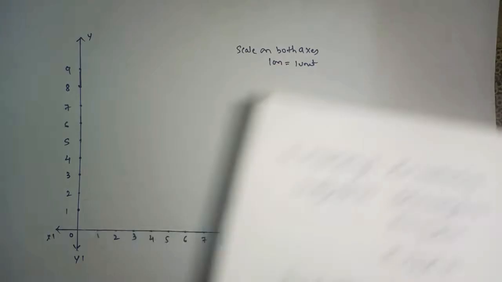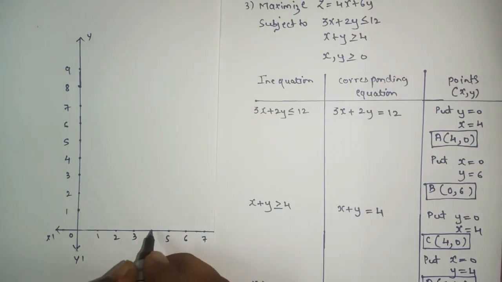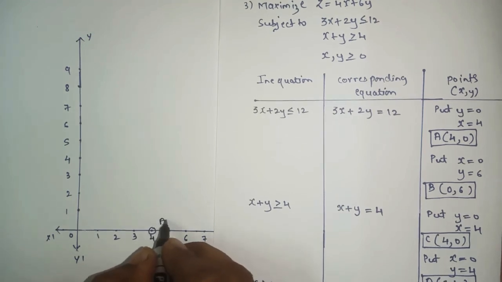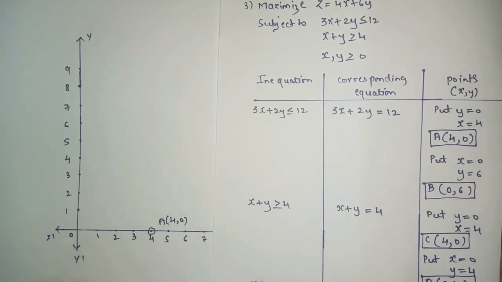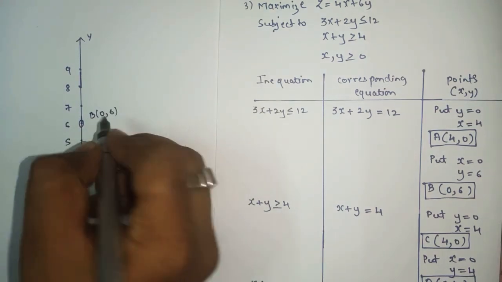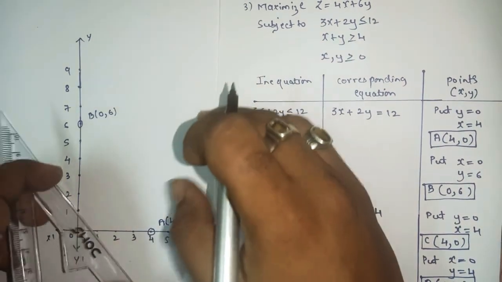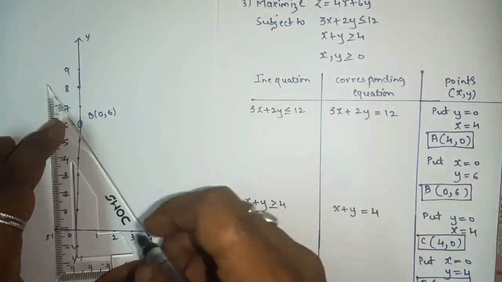Okay, so now we'll plot the points. What is the first one? A is 4 comma 0, B is 0 comma 6. We'll join these two points now.